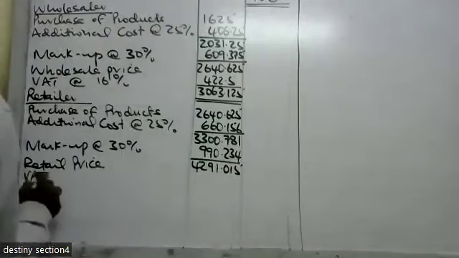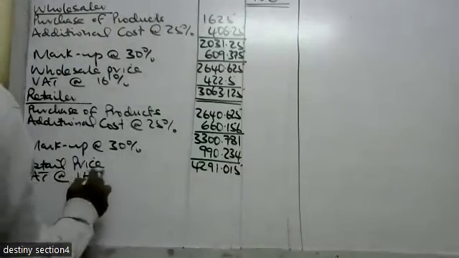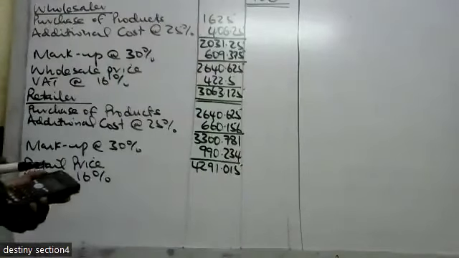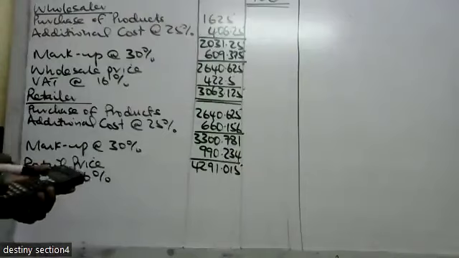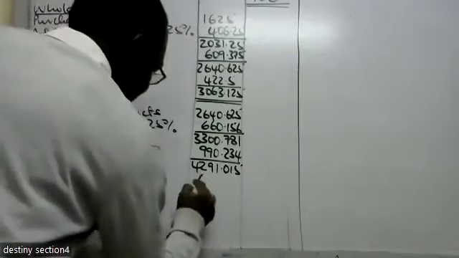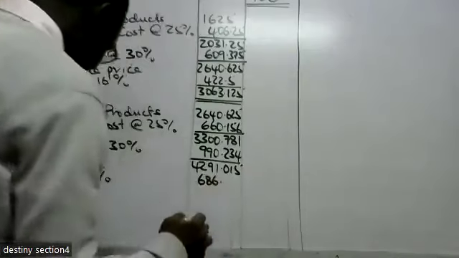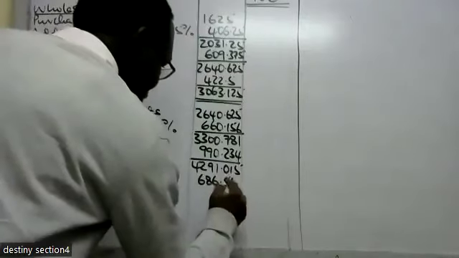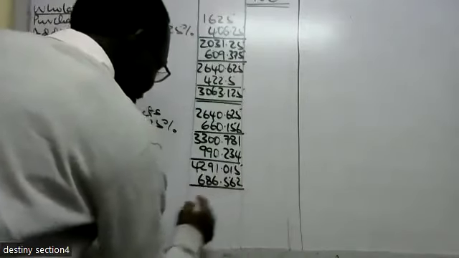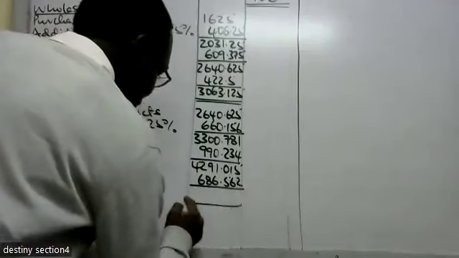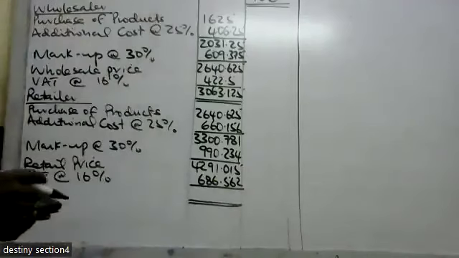Then again, on the retail price, they must charge VAT. So VAT at 16%. So we charge 16%, which is 686.562. You charge VAT, you get the final value of the goods.